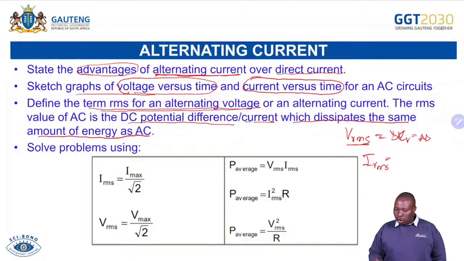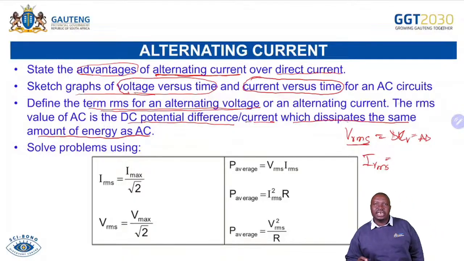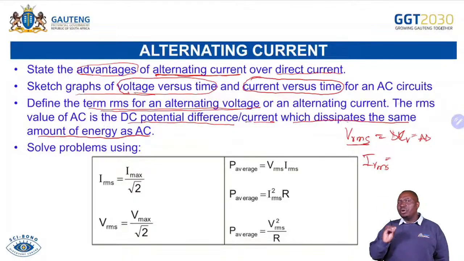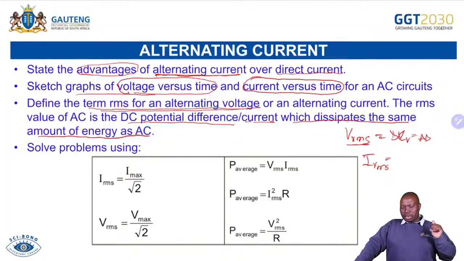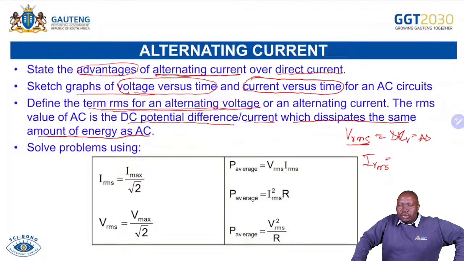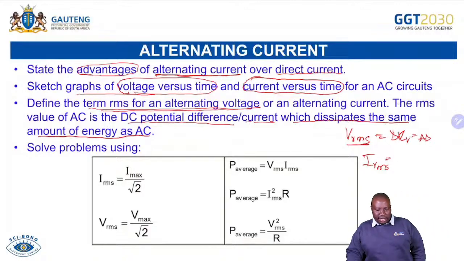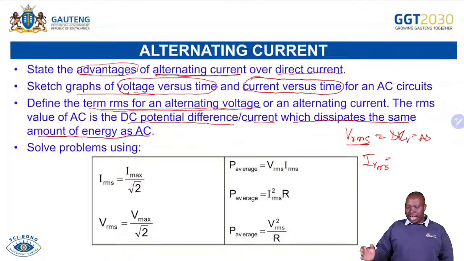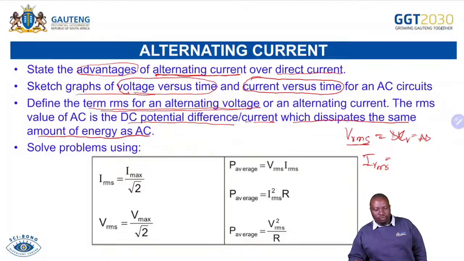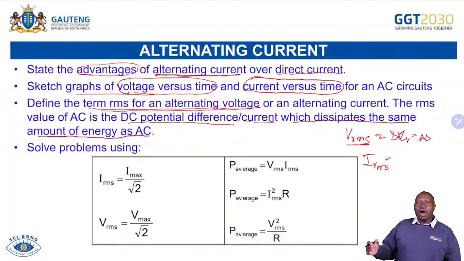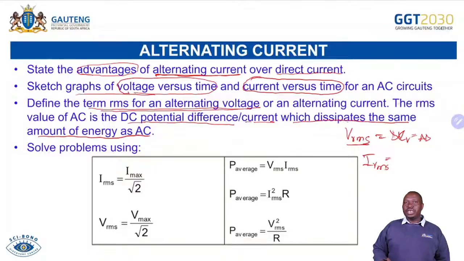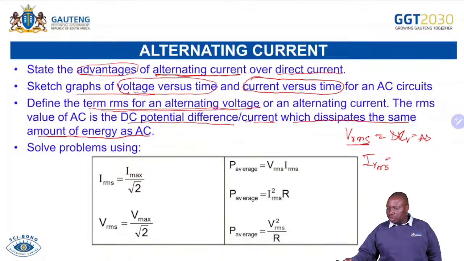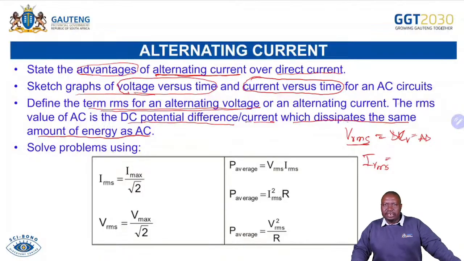The amount of energy that is dissipated is the same. That is the most common thing that you must remember when you are defining your VRMS and your IRMS, because this question is asked in the exam: define the RMS for alternating voltage, or the RMS for our current. So you are able to define them as we indicated. And remember, for all these definitions, we are using the exam guideline.